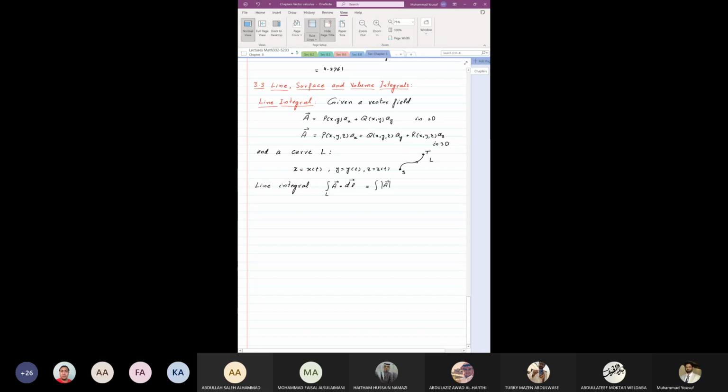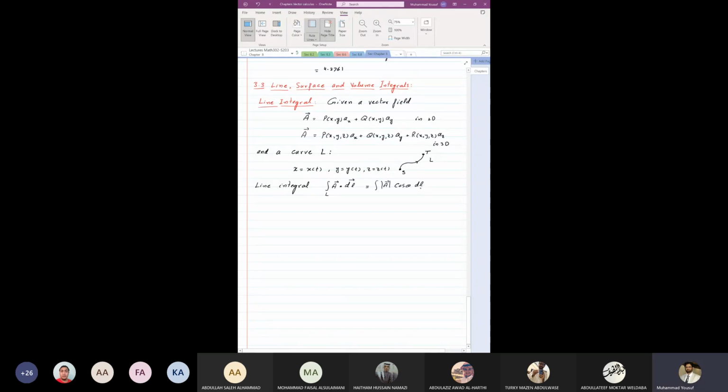Okay. And magnitude here, cosine of the angle between them, and dl.